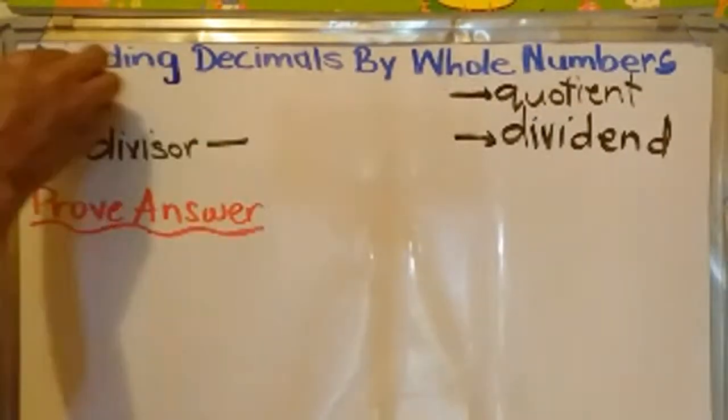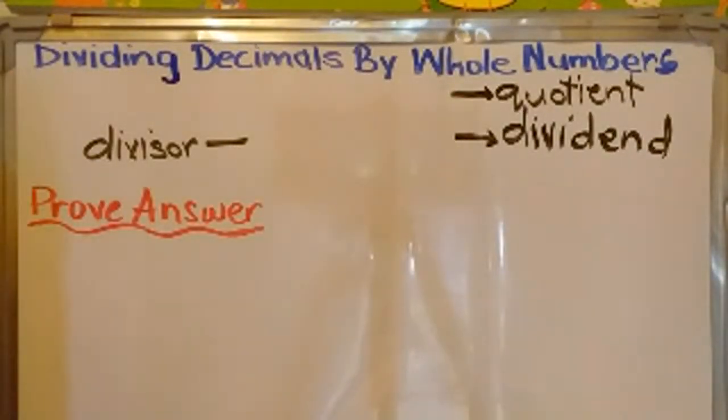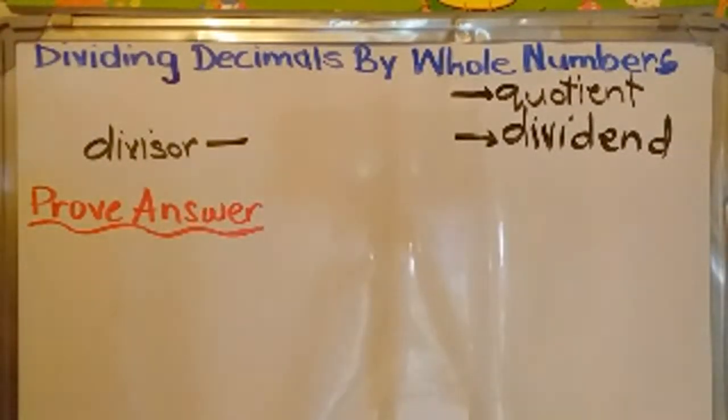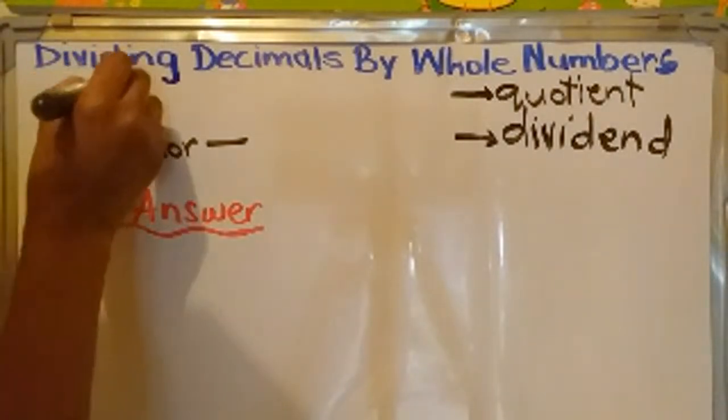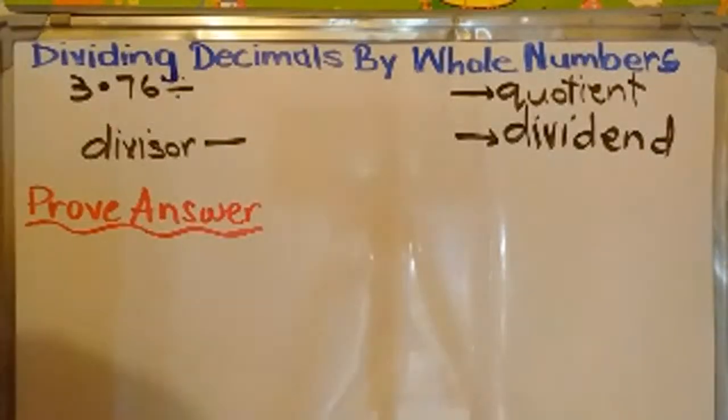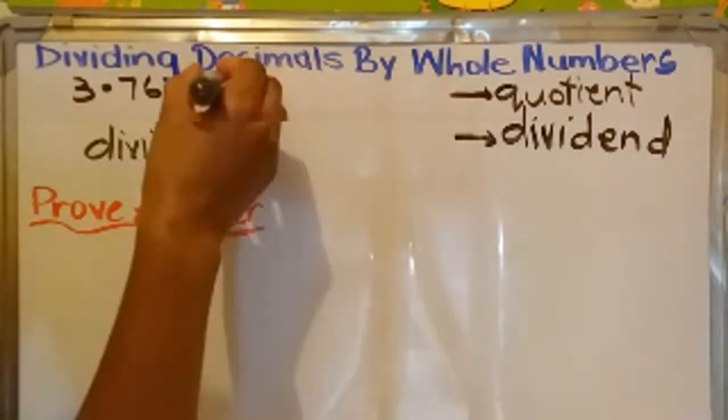Let's do the next problem. The next problem that we have here is that we are going to be dividing 3.76 by 5.